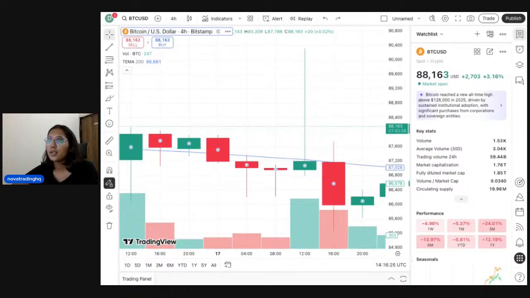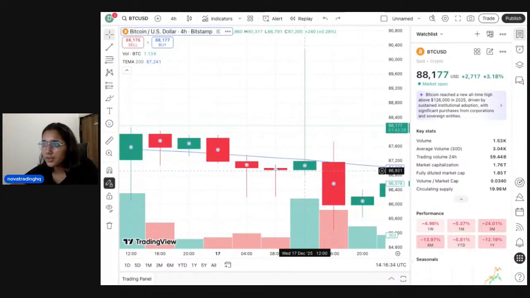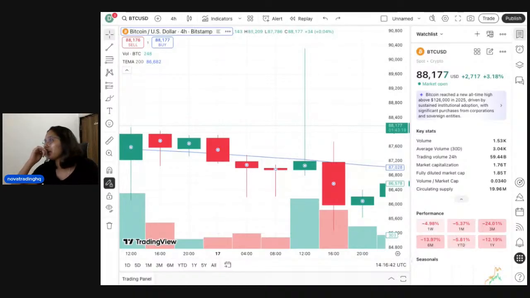Look, it opens at 86,900 something and it closed at 87,190, right? So the body you can see here is approximately 1,300, almost no upper wick, right?